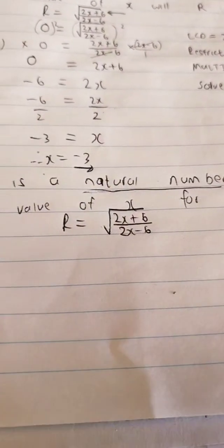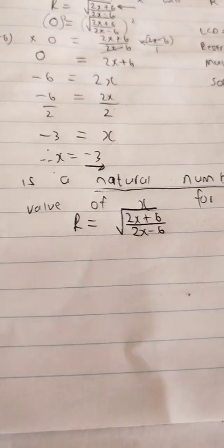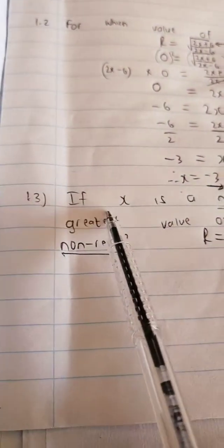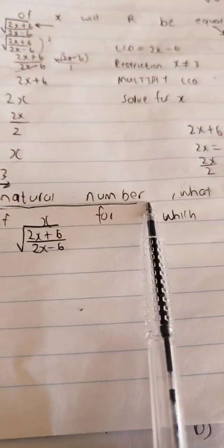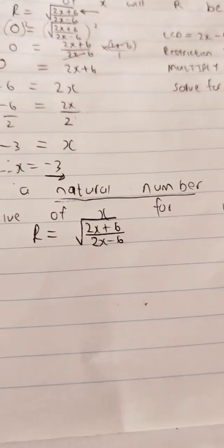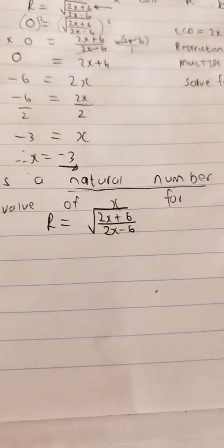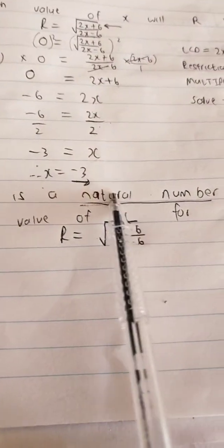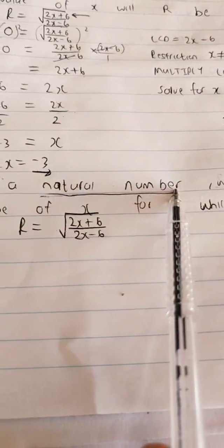Let us never confuse natural numbers with whole numbers. If this question had said if x is a whole number, we know that whole numbers are different. Whole numbers are numbers that start from 0. Then they increase by 1 all the way to infinity. But natural numbers start from 1.